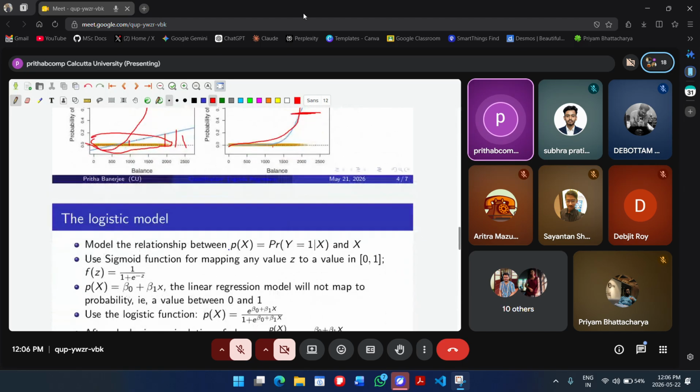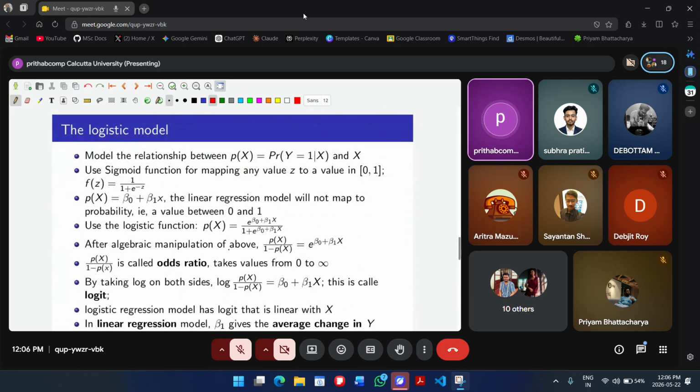Now, how do you do this modeling? The logistic model. As we have seen earlier, we cannot simply make this probability beta 0 plus beta 1 x, because these values range from minus infinity to plus infinity, and a probability value is only between 0 and 1.